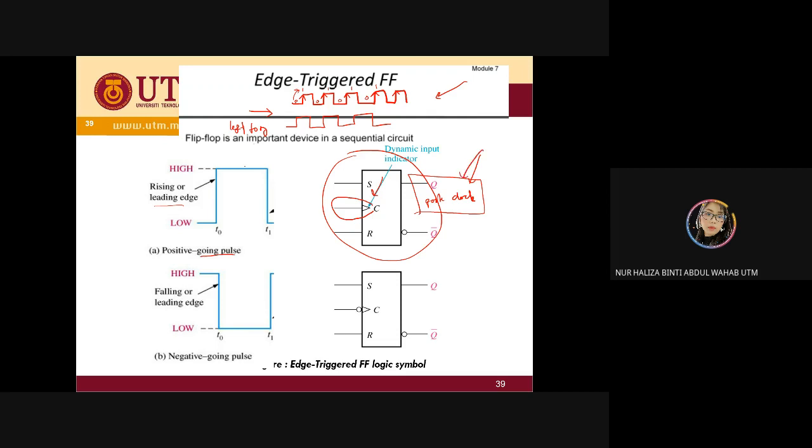Okay, that is rising up, or positive going pulse, or a positive clock. And if you have a negative clock, what will happen? The symbol will be like this. In the question, sometimes it will give you directly the hint that it is negative clock.